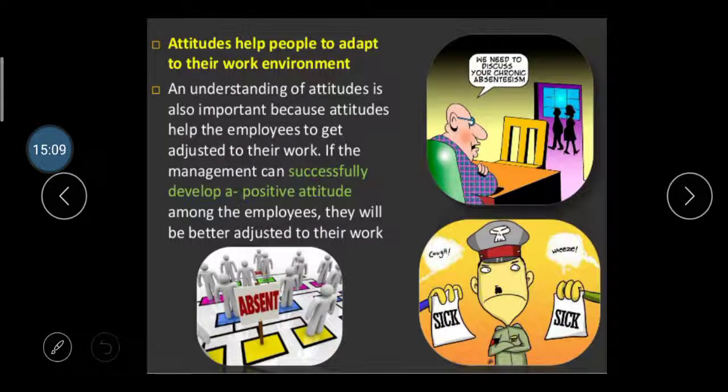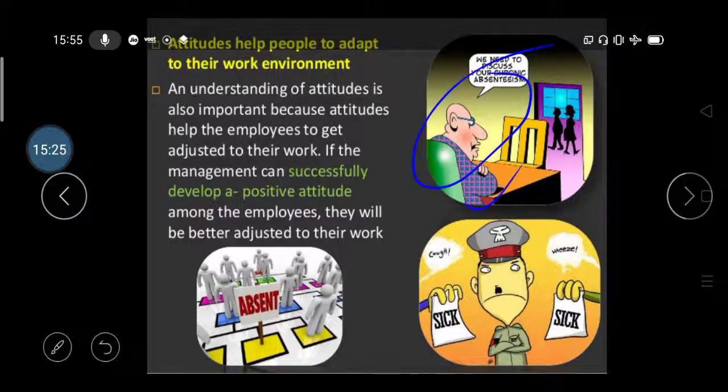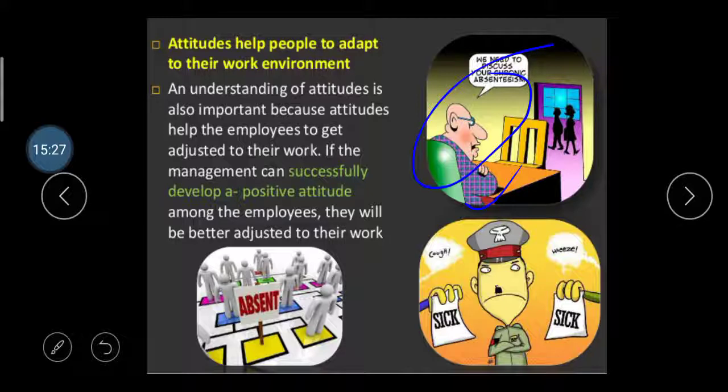Then after, attitudes help people to adapt to their work environment. Okay, so here the boss says we need to discuss your chronic absenteeism, કે તમારું absenteeism છે એ ડિસ્કસ કરવું પડશે. So understanding attitude is also important because attitude helps the employees adjust to their work.